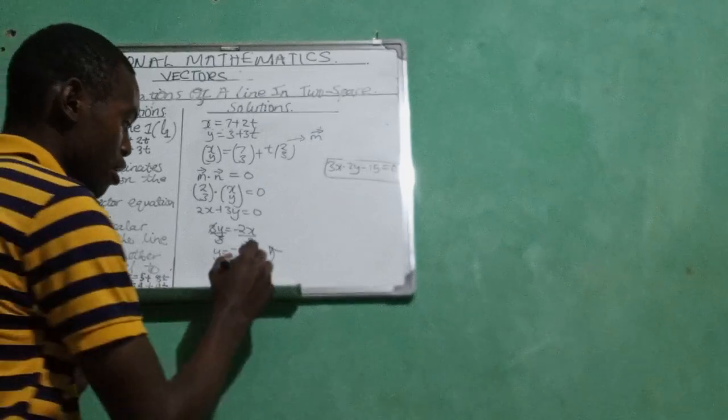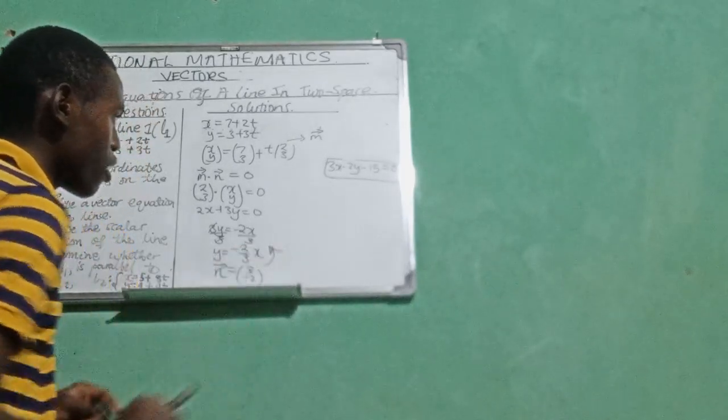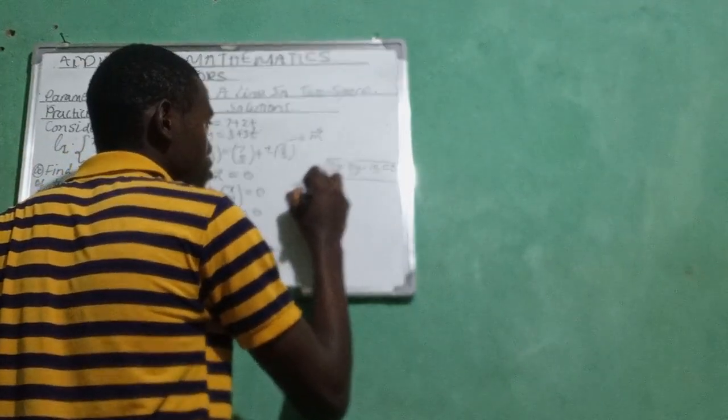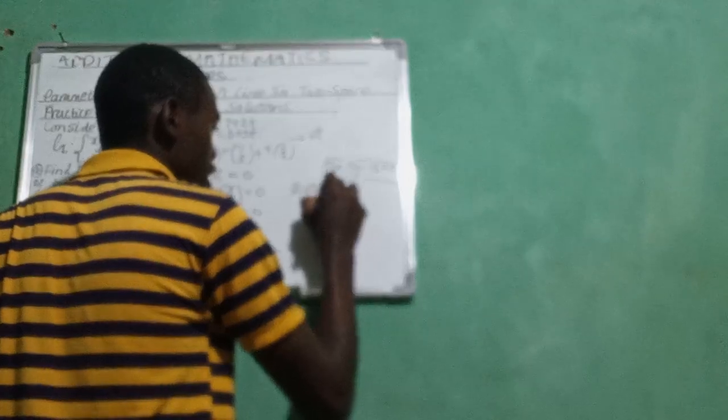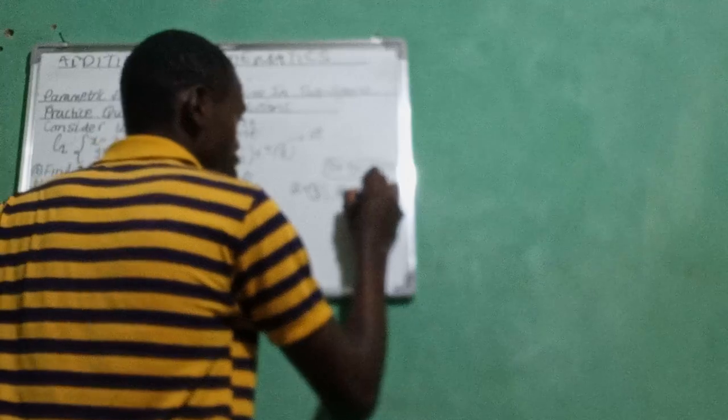Look at what I mean. The 3 will go up and then the negative 2 will go down. So what can you note? The direction vector m is equal to (2, 3), and then the normal vector n is equal to (3, -2).